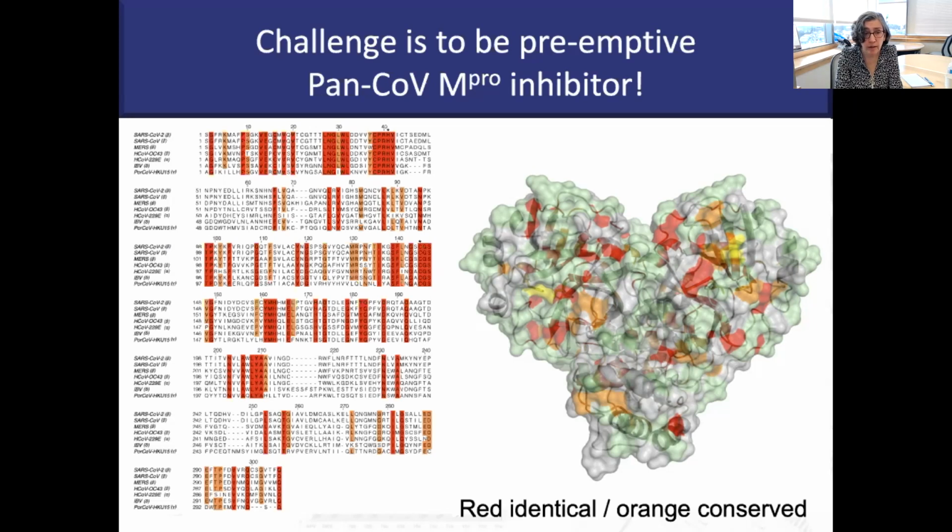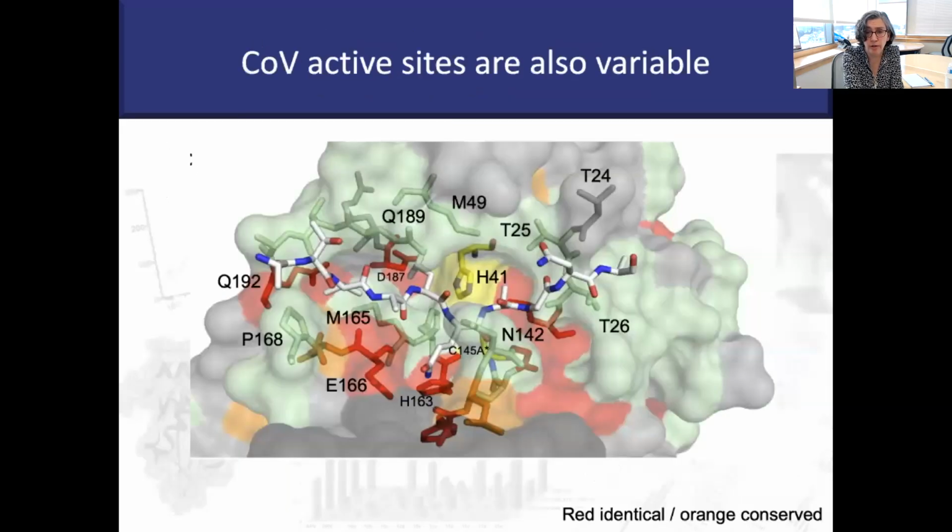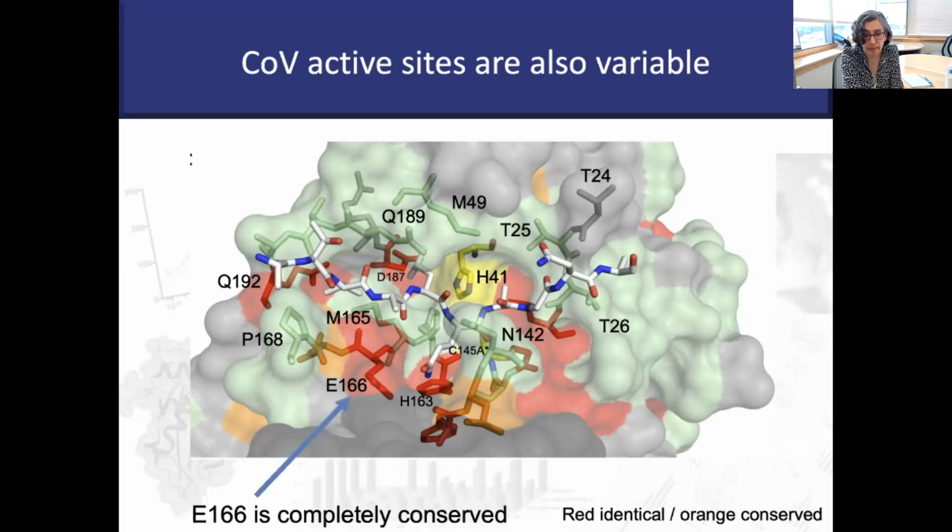The rest are variable. And so this much variability is something that we as a community do need to pay attention to. And if we zoom in on the active site, there's a lot of variability even within the active site. So if we're thinking about taking it to the next step and really looking at pan-viral inhibition, we need to pay attention to this.